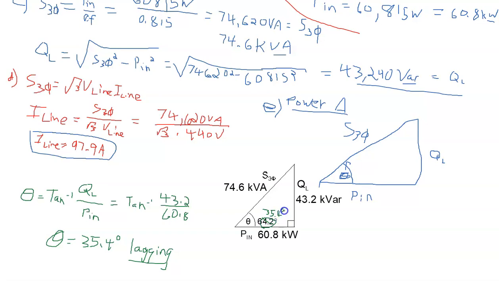It's 35.4 degrees. And so now, let's think about that. QL is smaller than P in, and so that definitely means that our angle is going to be smaller than 45 degrees. And so the 35.4, I suspect, is the correct number for that. And you can check the math with your calculator, of course, no problem.